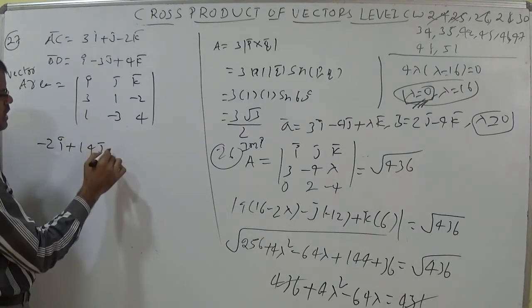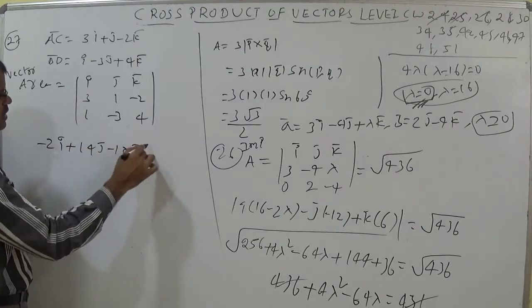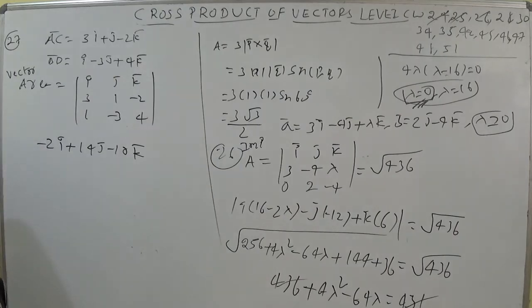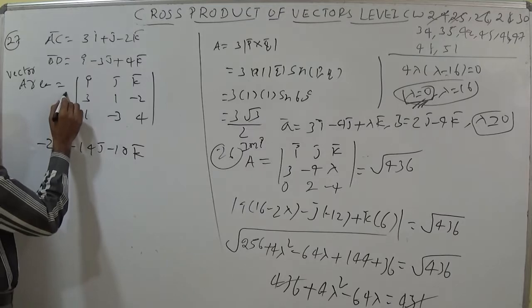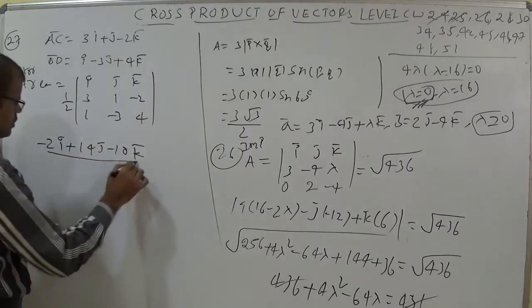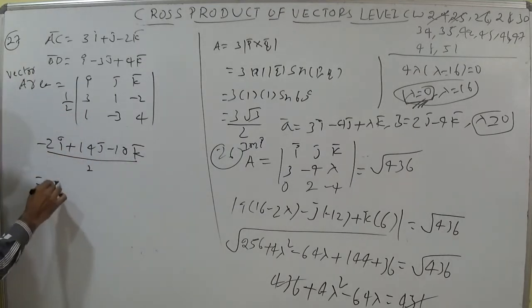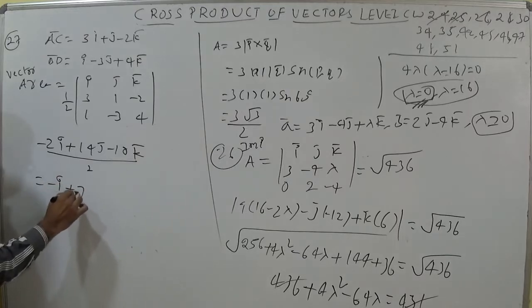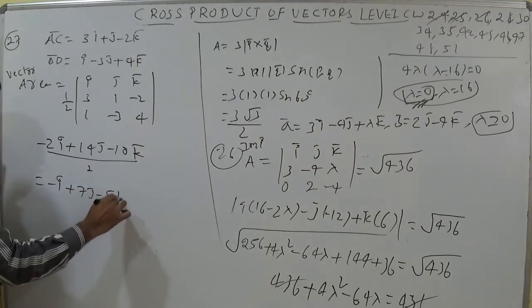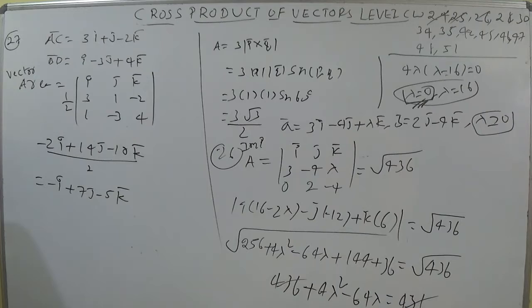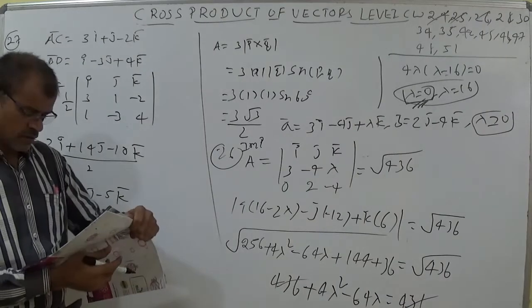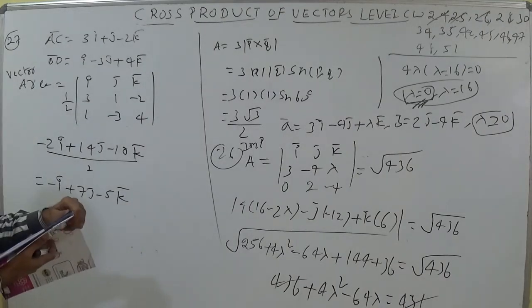Plus k into minus 9 minus 1, minus 10k. We know the area formula is 1 by 2, so it is minus i plus 7j minus 5k.